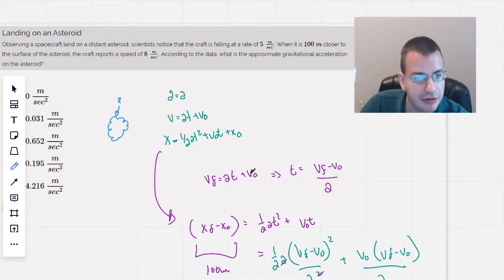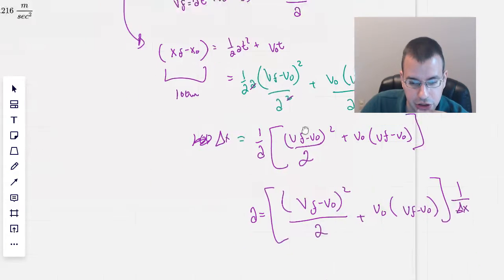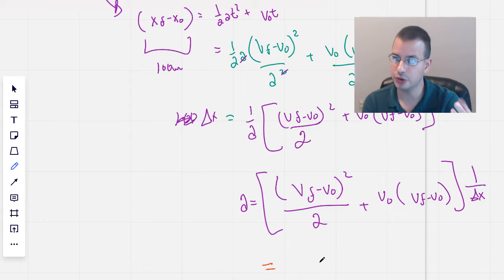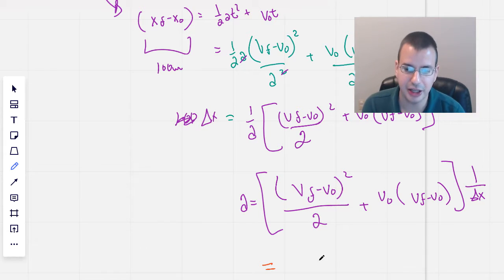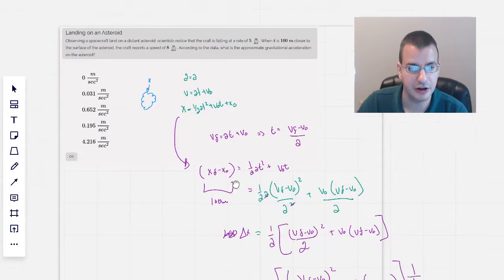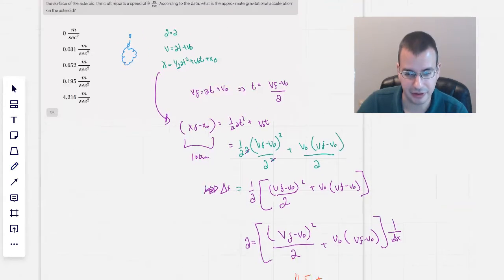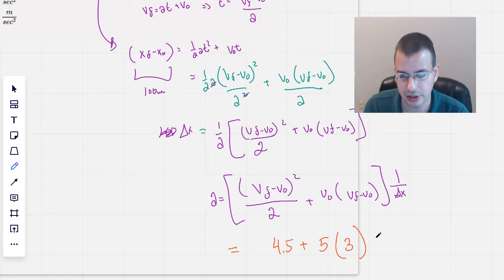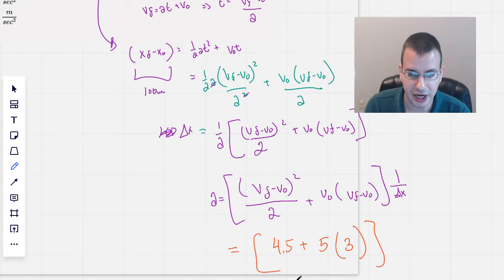So we have 8 and 5, V final, V initial, and 100 meters. So we have equals, this will be 8 minus 5, which will be 3. 3 squared is 9. 9 divided by 2 is 4.5. Plus V initial, which is 5 times 8 minus 5, which is 3, divided by 100.